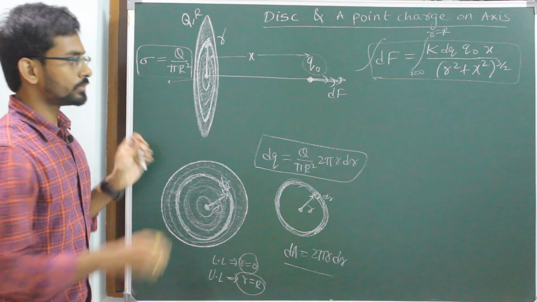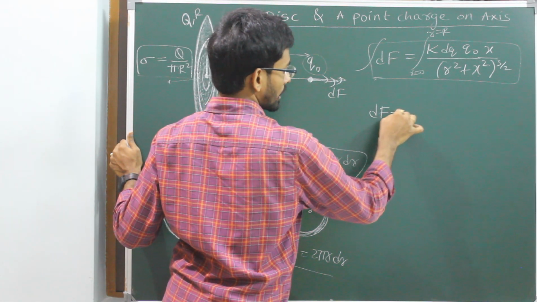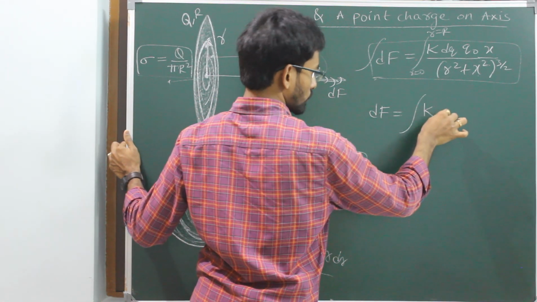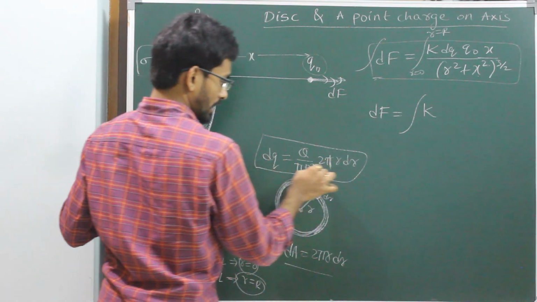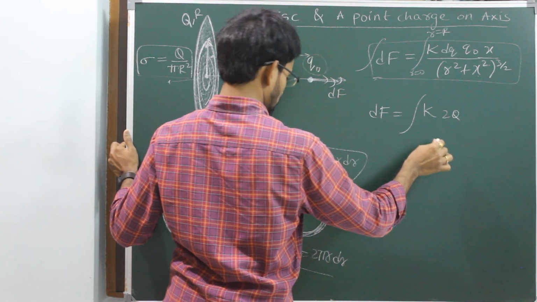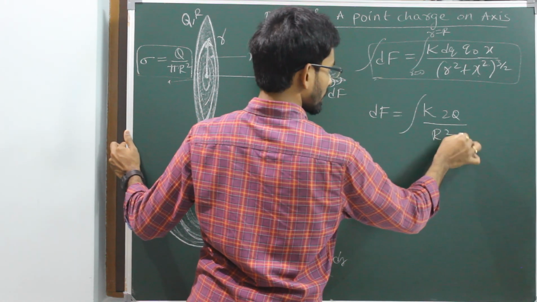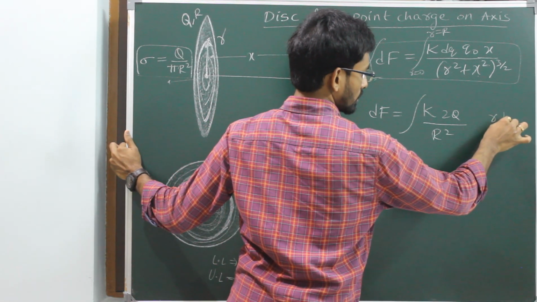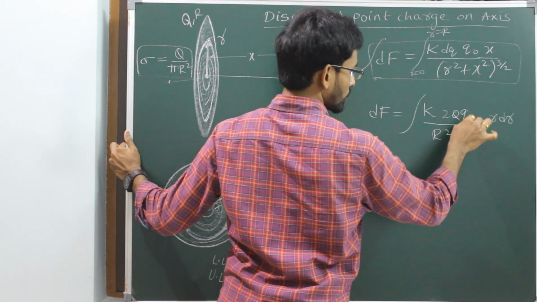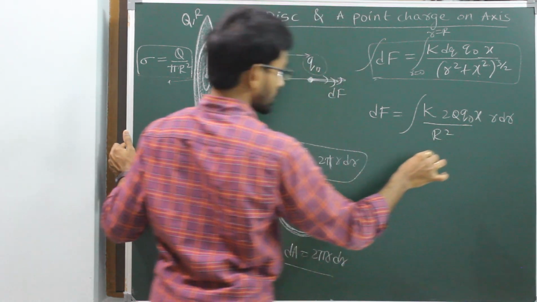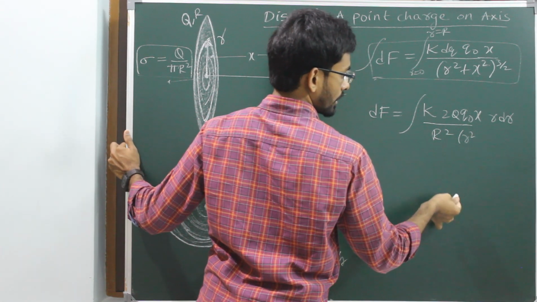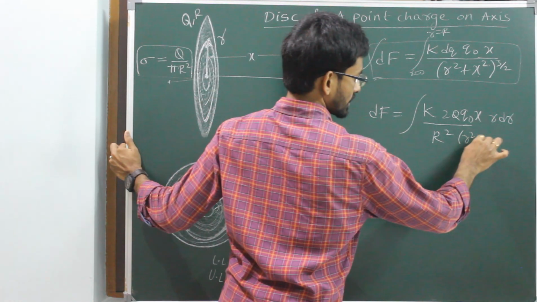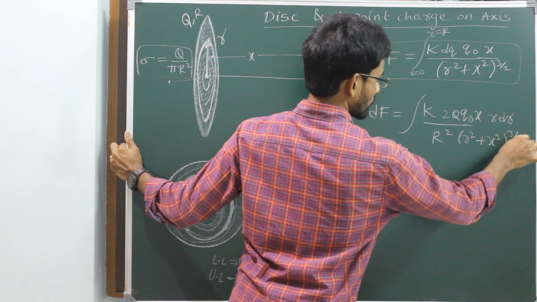First, let us substitute the dq value. dF will be k into integral, k into dq value, where pi gets cancelled, 2Q by R square into r dr, into x, you have q naught into x by (R square plus x square) whole power 3 by 2. This is small r, and this is capital R, okay, sorry.